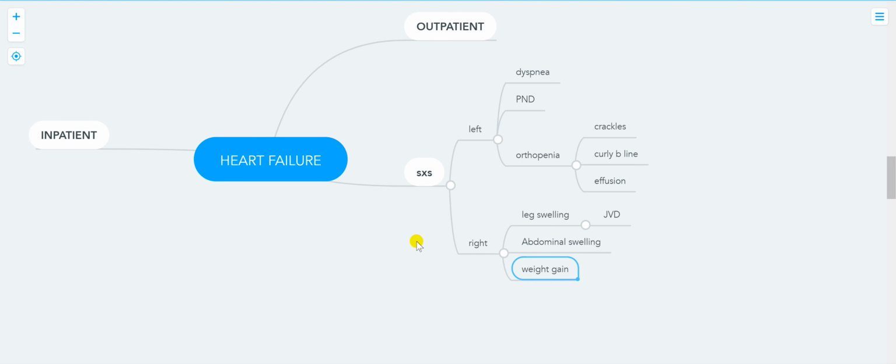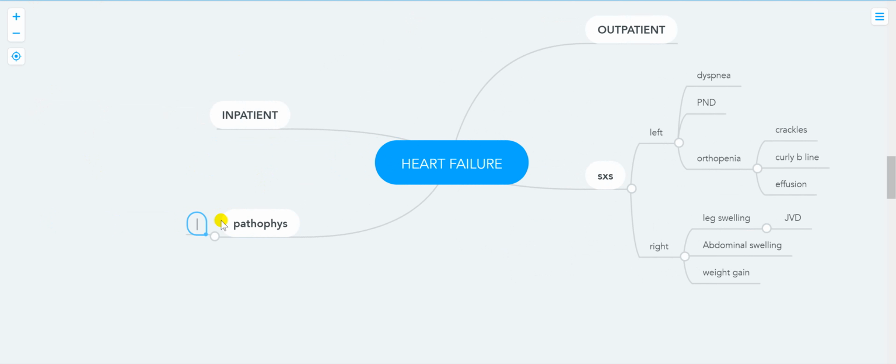So what is the pathophysiology of heart failure? Basically, the heart fails to do its function, which causes the kidney to be upset.